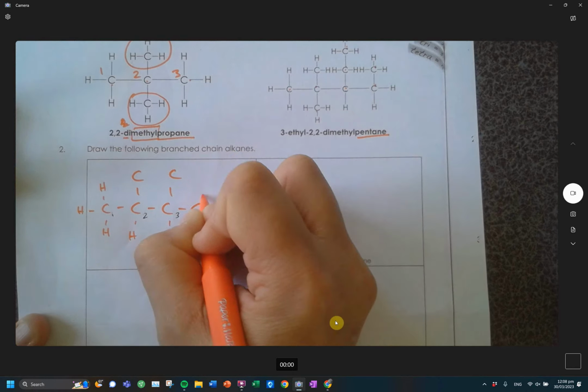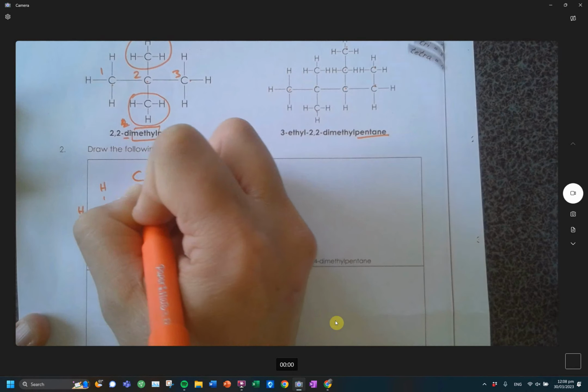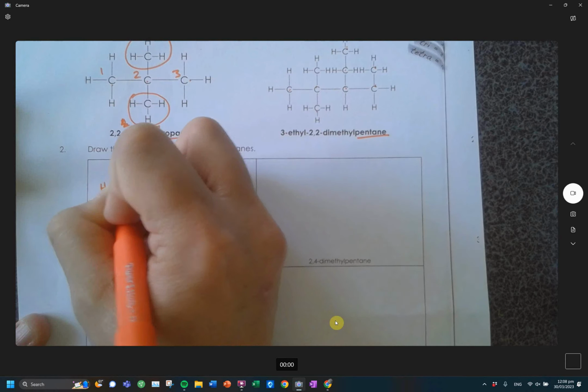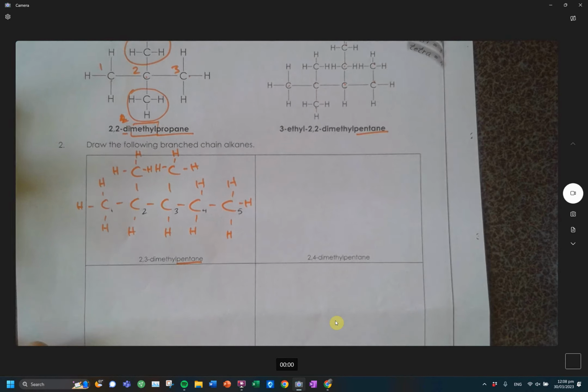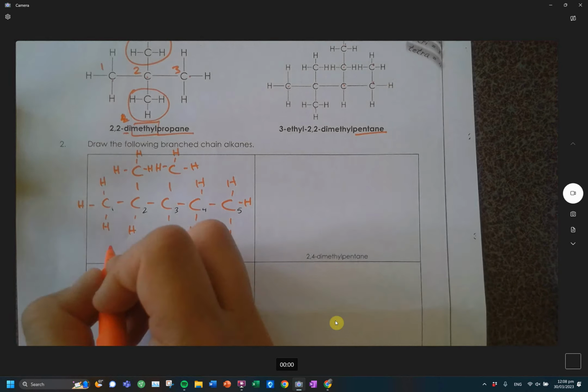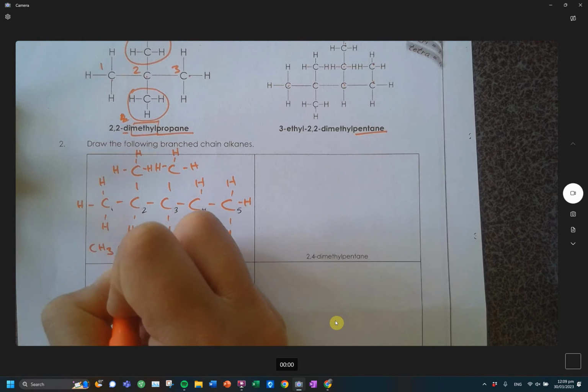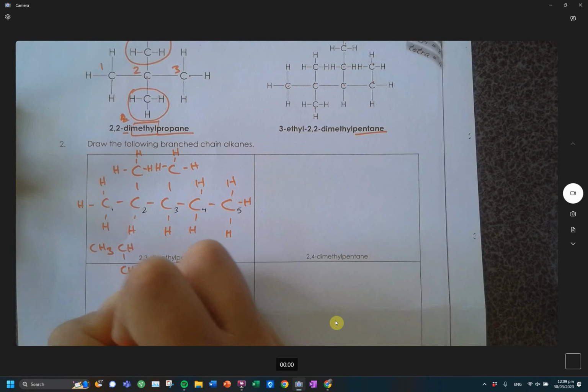It's a little bit squished together. That is showing your structural formula. I'm happy if you want to condense it down so that it fits better. So you can write it also as CH3CH with a branch coming off CH3.